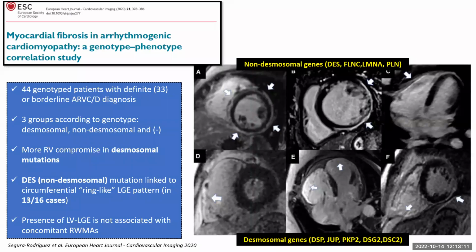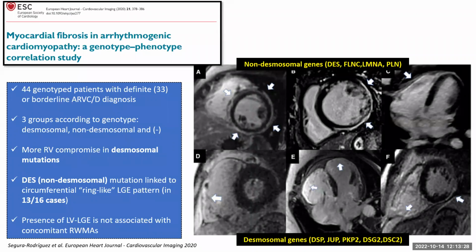This is another genotype-phenotype study, this time from the University of Granada in Spain. These patients had a definite or borderline diagnosis of ARVC, and they were separated into three groups according to the presence of desmosomal or non-desmosomal mutations and genotype-negative patients.